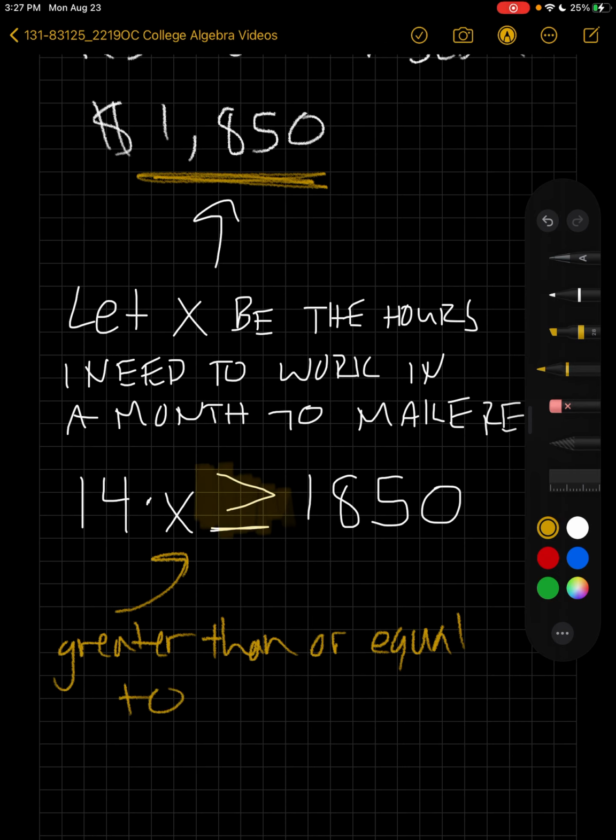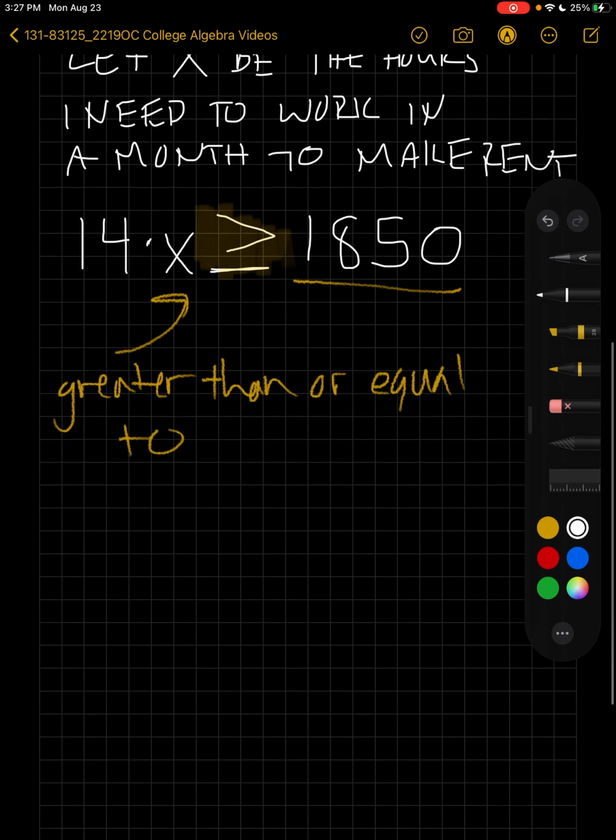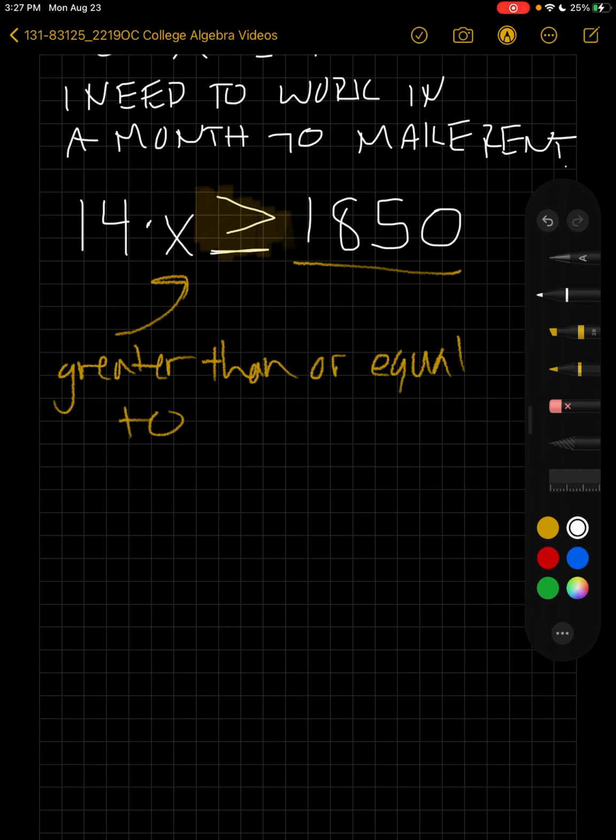What this is telling us is that if I take 14 and multiply it by x, I'm going to have at least 1850, maybe more. More is okay. If I have any money left over after rent, that's great. Less is not okay. This is saying anything I put in has to be greater than or equal to 1850.